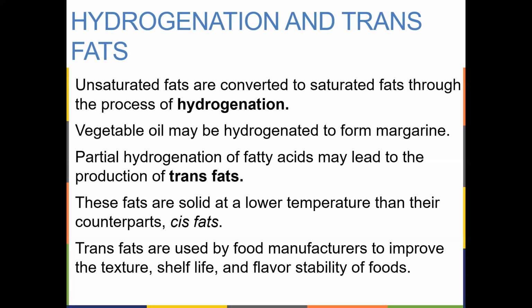Crisco, as a shortening, works to make bakery shells, pie crust, biscuits light and fluffy, or at least light. You don't want a fluffy pie crust. The fat, the shortening, as it heats up when it's baking, gives off carbon dioxide gas.